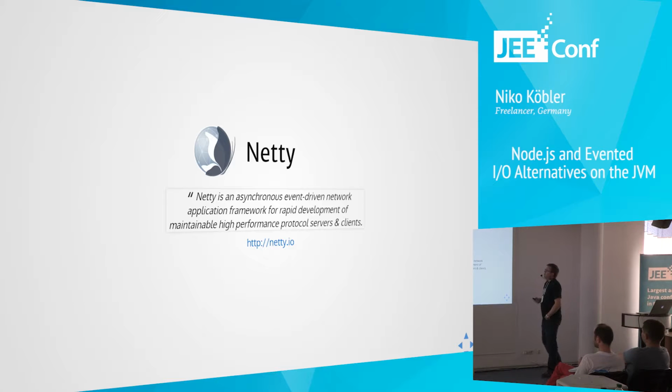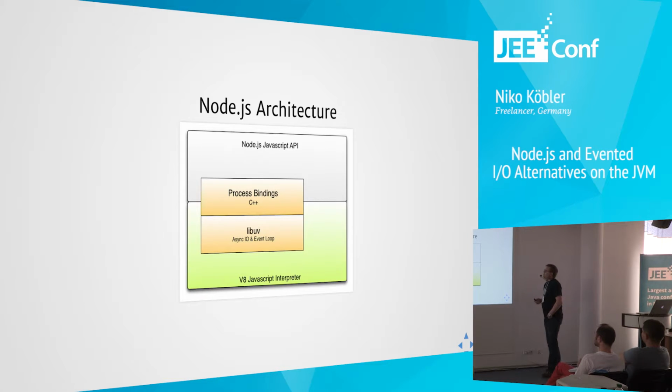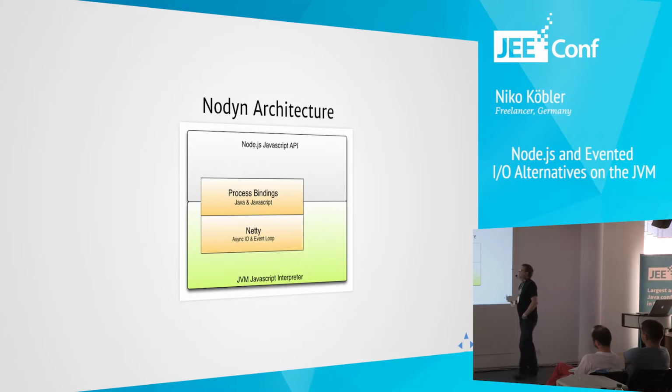If you look at the very high-level Node.js architecture, it's just a Node.js JavaScript API, process bindings in C++, libuv for async I/O and event loop, and just any V8 JavaScript interpreter. Let's do this with Nodyn. You see the JavaScript API is the same.